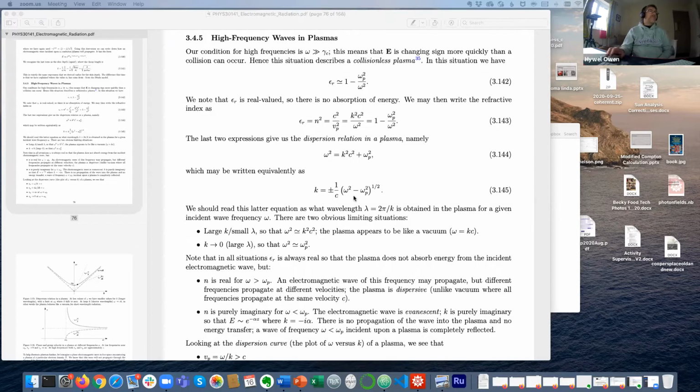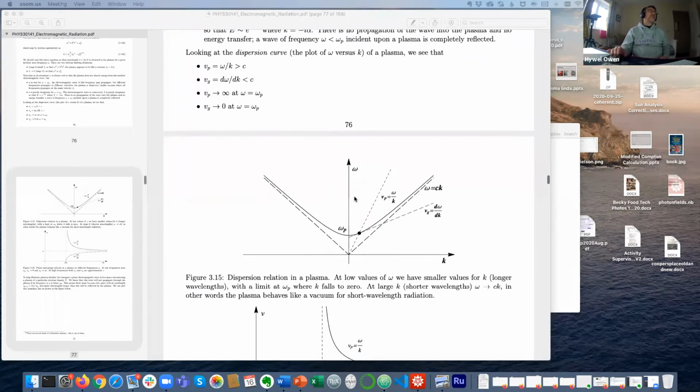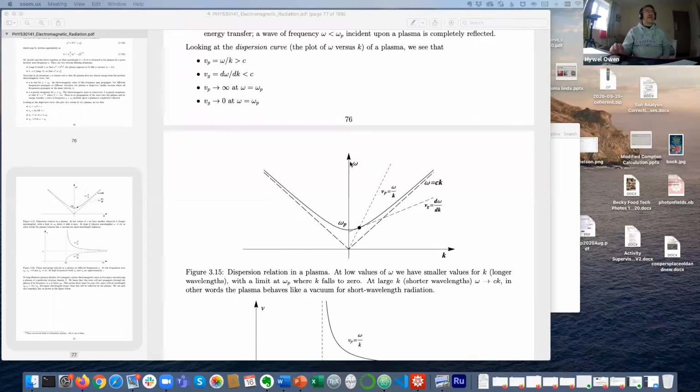And there are a number of different situations for different frequency and wave number combinations. So let's look at this figure 3.15 again. Figure 3.15 says that when the frequency of that electromagnetic wave that's trying to go through the plasma is very, very large, then the electrons are not really responding to the electromagnetic wave.